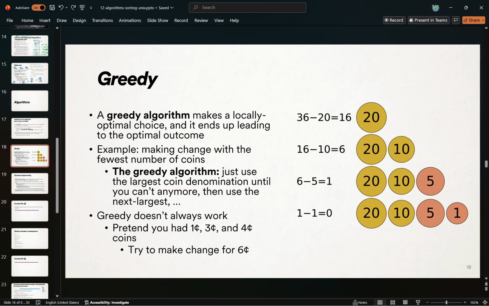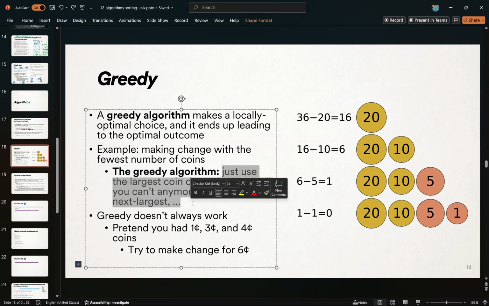All right. So a good example of a greedy algorithm is, at least for American coins, if you want to make change in the fewest number of coins, the greedy algorithm is to start with the largest coin you have, like a quarter, or maybe a 50-cent piece, and just keep on using the largest coin until you can't anymore, then use the next largest as you need it.